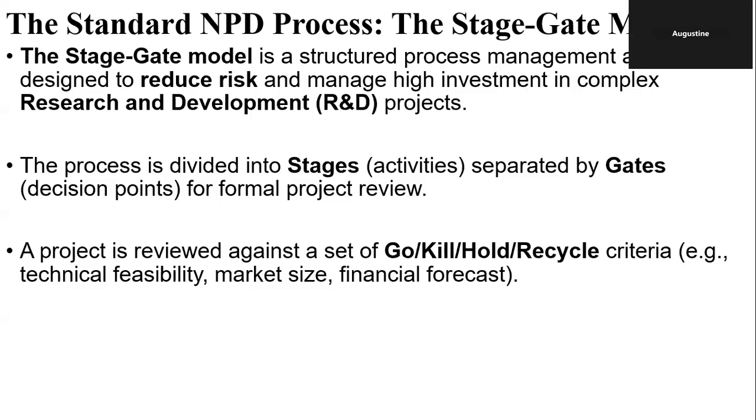Then another gate is kill, which implies there is the need for the entire project to come to a halt because it may be too risky or not profitable as it was theoretically envisaged. Another gate could also suggest hold, which implies there is the need for them to wait or pause until certain issues are clarified.